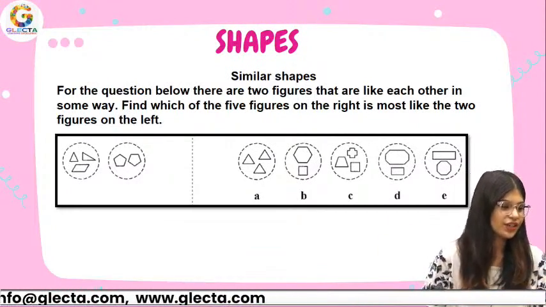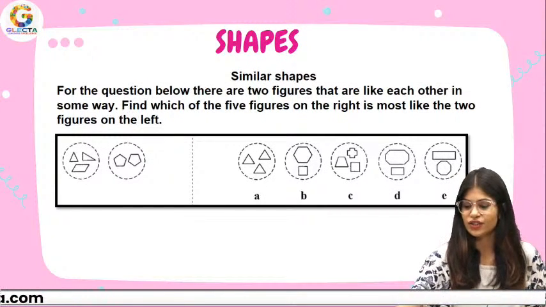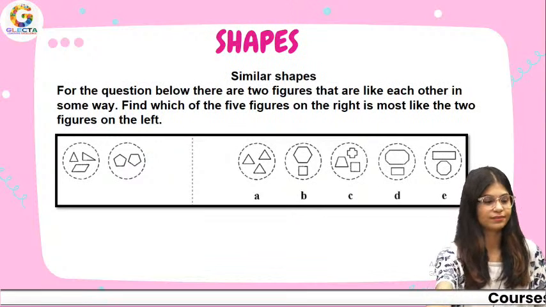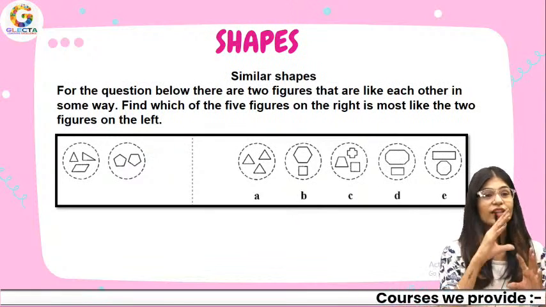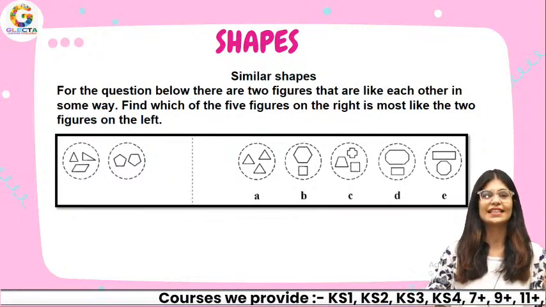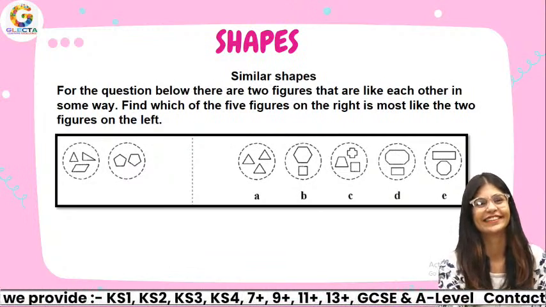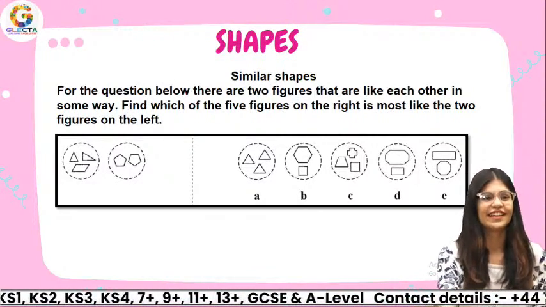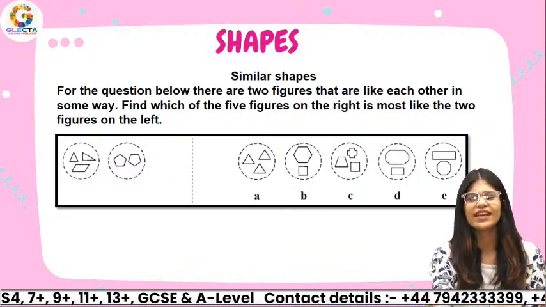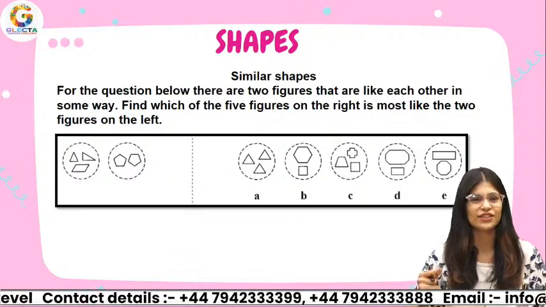Now if you see here, you have a question of similar shapes in which you have the number of sides. Can somebody tell me the answer for this question? There you go, everybody, quickly, very easy. I don't want you guys wasting time on questions like these. Easy questions.